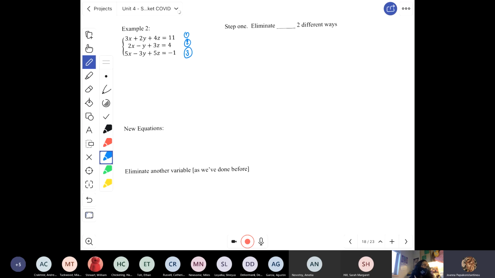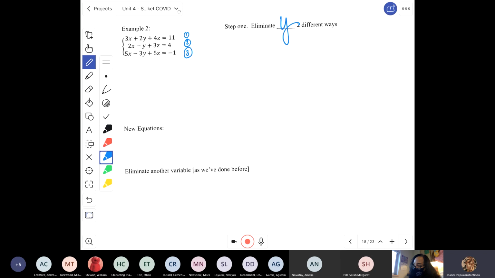That's going to be my clue to maybe eliminate y. Again, it doesn't matter what you choose, but there's sometimes an easier way, so we have to be careful how we're choosing it. No matter which variable you choose to eliminate first, you're going to get the same answer as long as you do your algebra correctly.